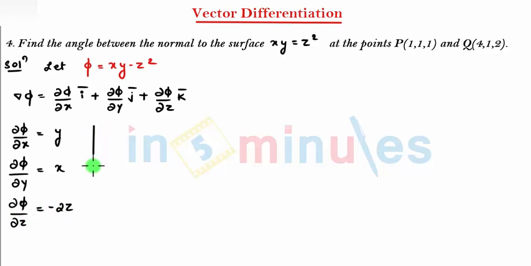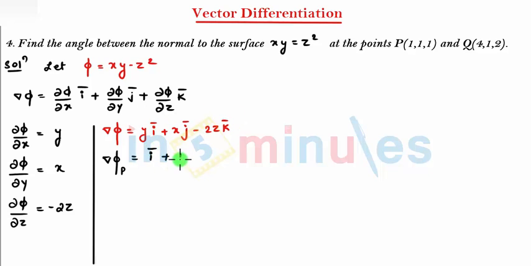Therefore del phi is equal to y i bar plus x j bar minus 2z k bar. Now that's my del phi. There are two points given, so I need to find del phi at each point. Del phi at P will be i bar plus j bar minus 2 k bar.